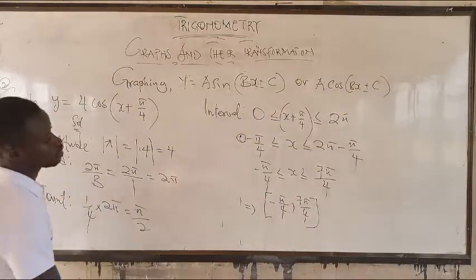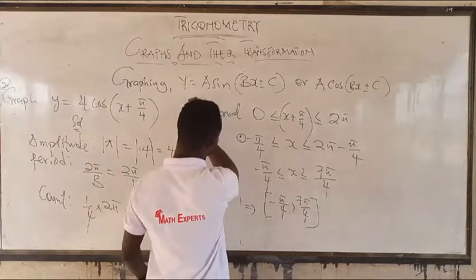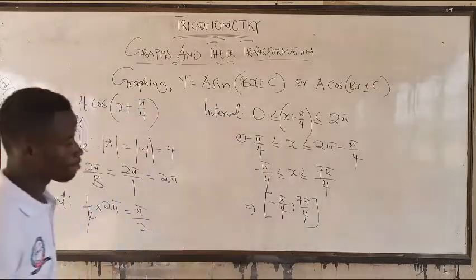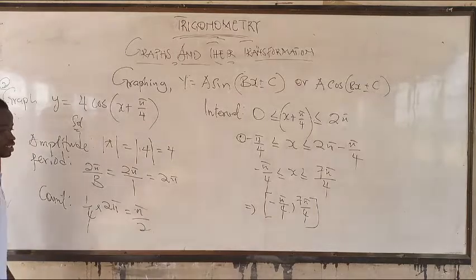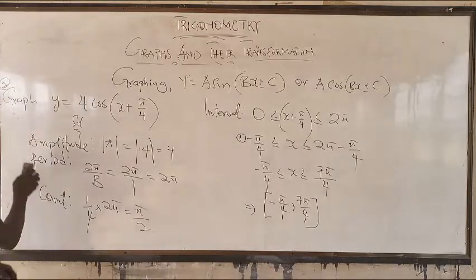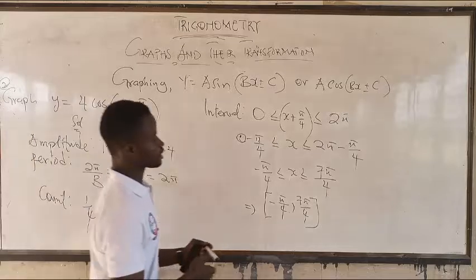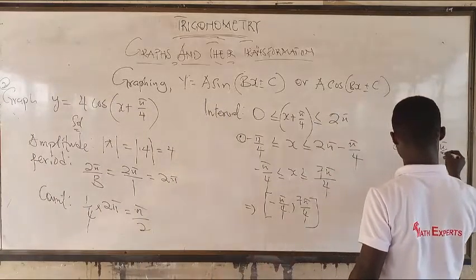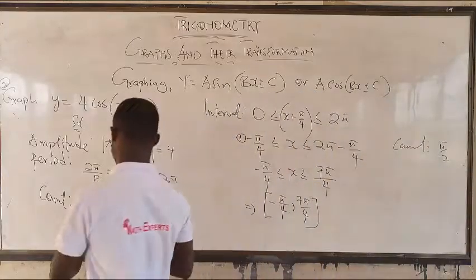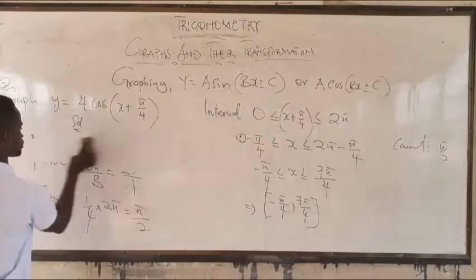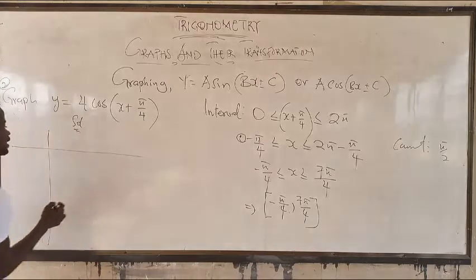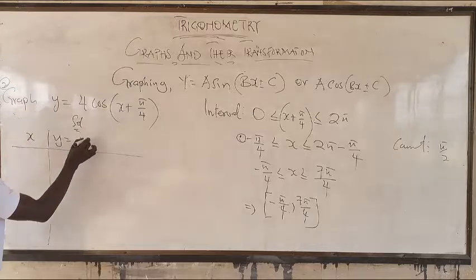So let me print this part. So this means that on the table, now don't forget we are counting by pi over 2. Now, I'm going to show you something new to you that I ignored for the first part.